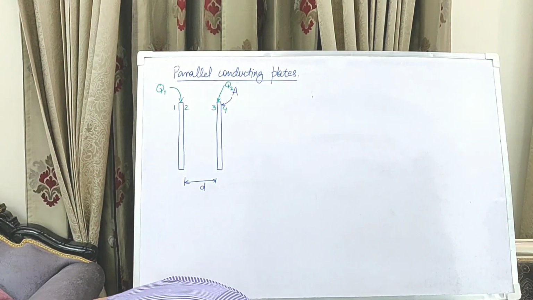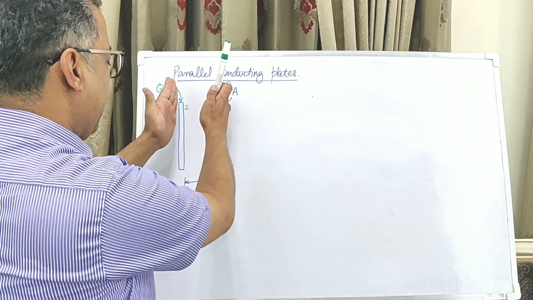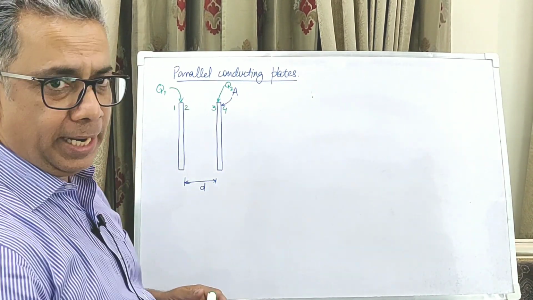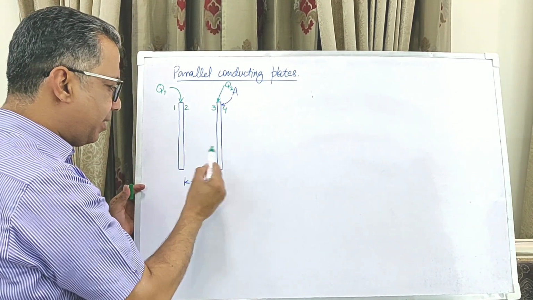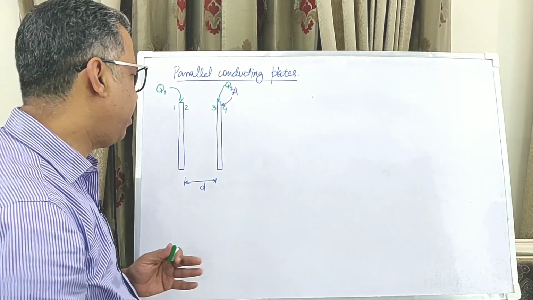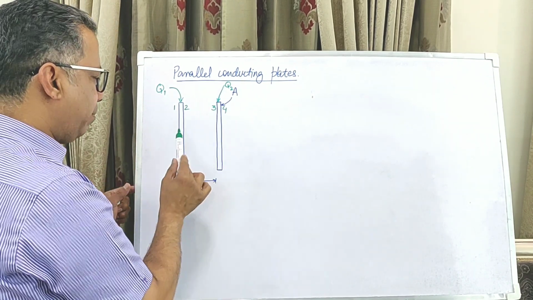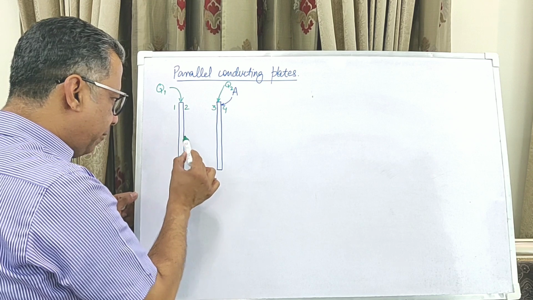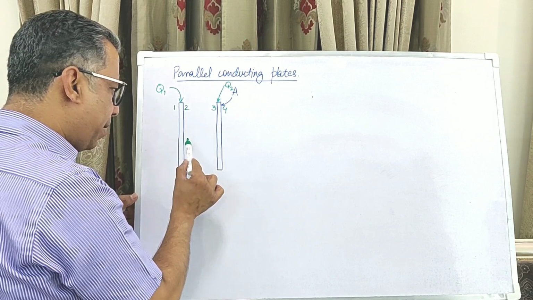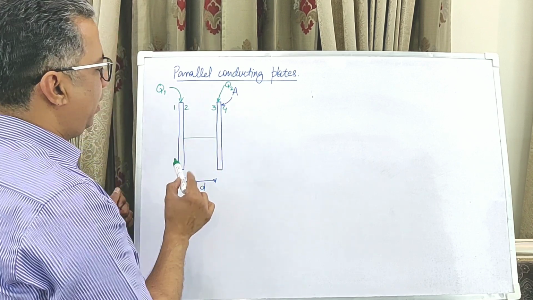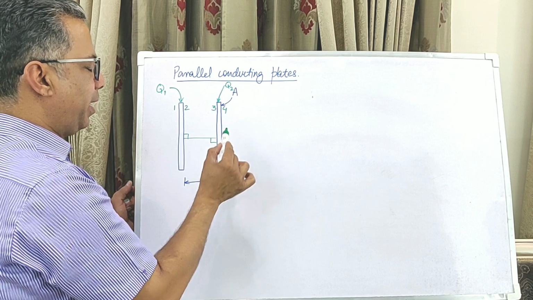Now remember one thing: when we have conducting plates, the electric field lines have to be normal to or perpendicular to these plates. So if you draw any field line between these two, the field line will start perpendicular to this plate, end up perpendicular to this plate, and therefore they are straight lines perpendicular to both plates.